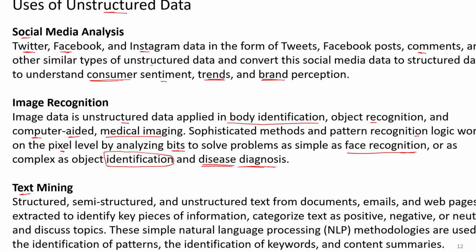Further, for text mining, we can use unstructured data. Structured, semi-structured, and unstructured text from documents, emails, or web pages is extracted to identify key pieces of information. Sometimes text data is also important, which does not follow any structure, but can give some clue or idea about the brand.